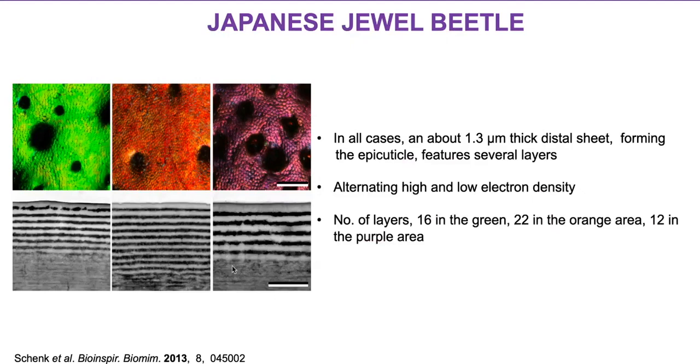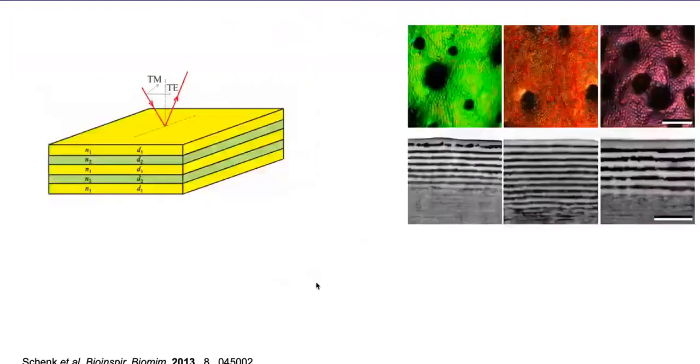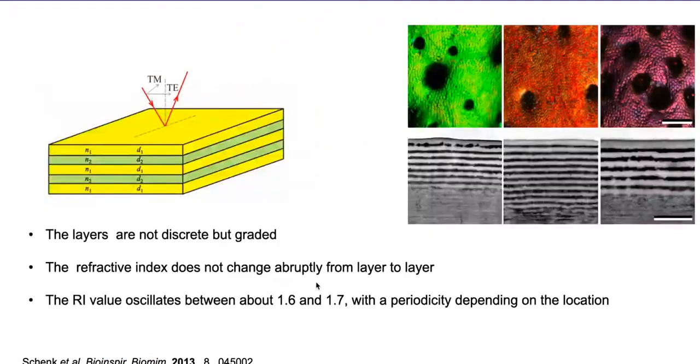And the difference between these three is that they have different number of layers, and also they are not discrete. For example, you can see that there is a nice periodicity, but this periodicity is not very regular. And because it's not regular, they are able to modulate the light and change the color rapidly if they want.